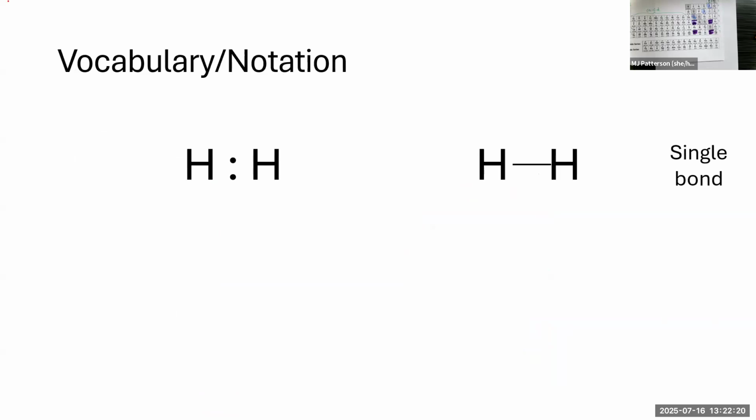Alright. So back when you all were looking at combustion reactions and alkanes and hydrocarbons and all of that, we had some of the vocabulary that goes with Lewis dot structures. Single bonds are formed when you have one pair of electrons shared, something like H-H here.